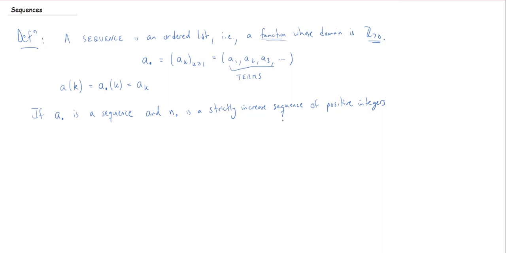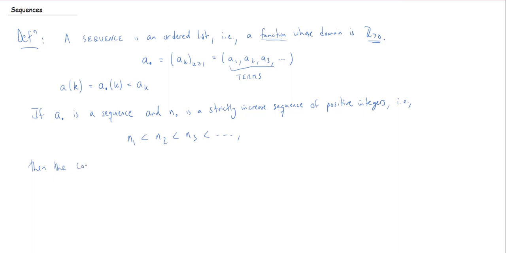So when I say this strictly increasing sequence, what do I mean? I mean that I have n1 less than n2 less than n3 and so forth. Okay. So what I can do now is, because these are functions, right? Sequences are functions, I can compose them.